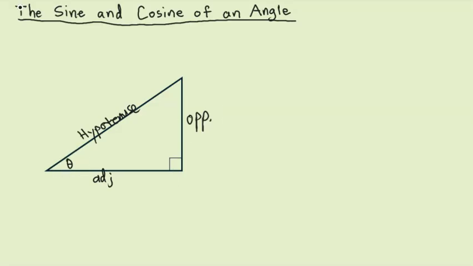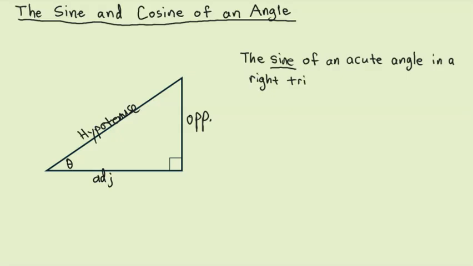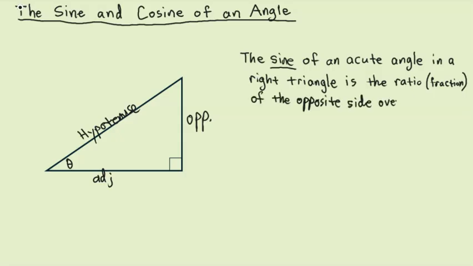Given an acute angle theta, the sine of an acute angle in a right triangle is the ratio or fraction of the opposite side over the hypotenuse. Here's how we write it. We say sine, but we take the E off.